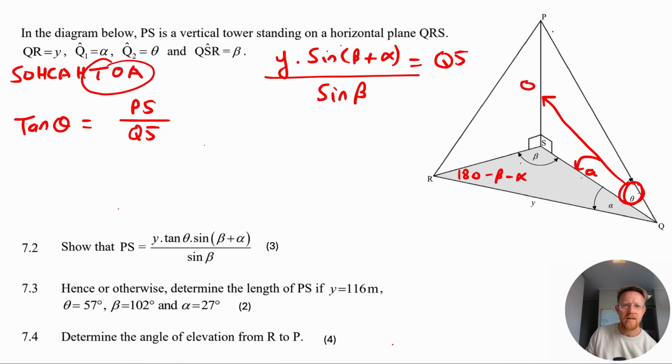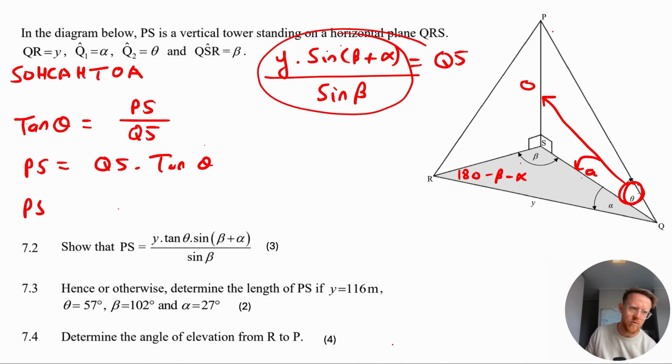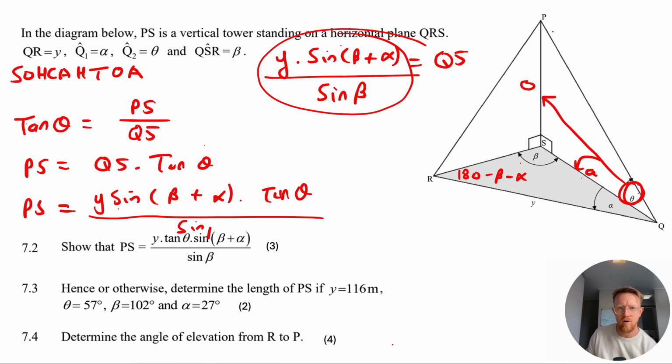Okay, now I'm going to get PS by itself. So PS, if I take this over to that side, I'm just going to write it this way around. So you'd get PS is equal to QS multiplied by the tan of theta. Now we can go plug in the QS. So we end up with PS equals y sin beta plus alpha times tan theta, and that is all over sin of beta.